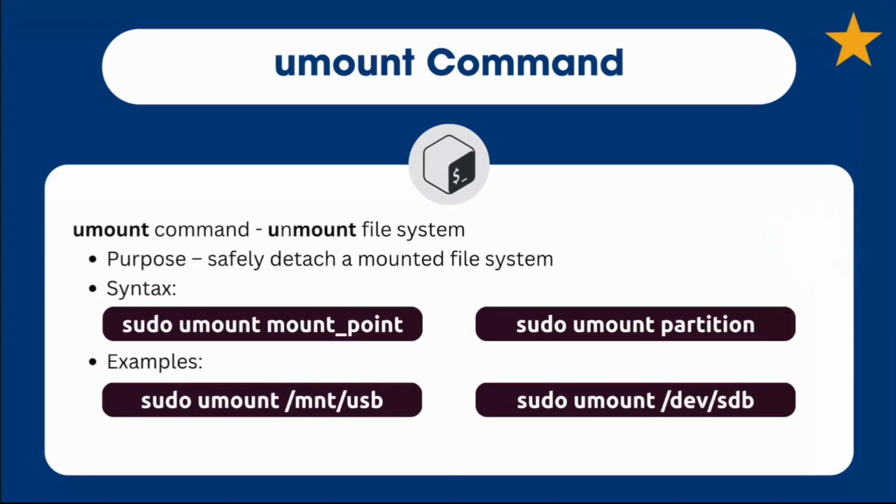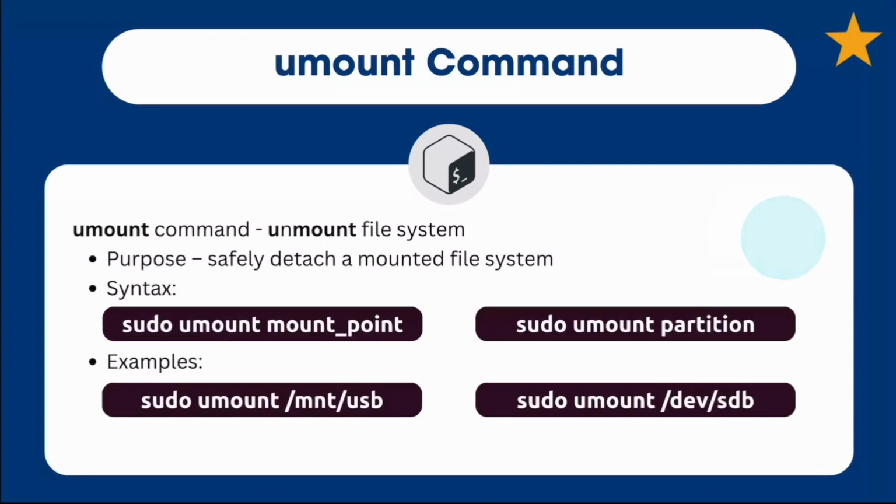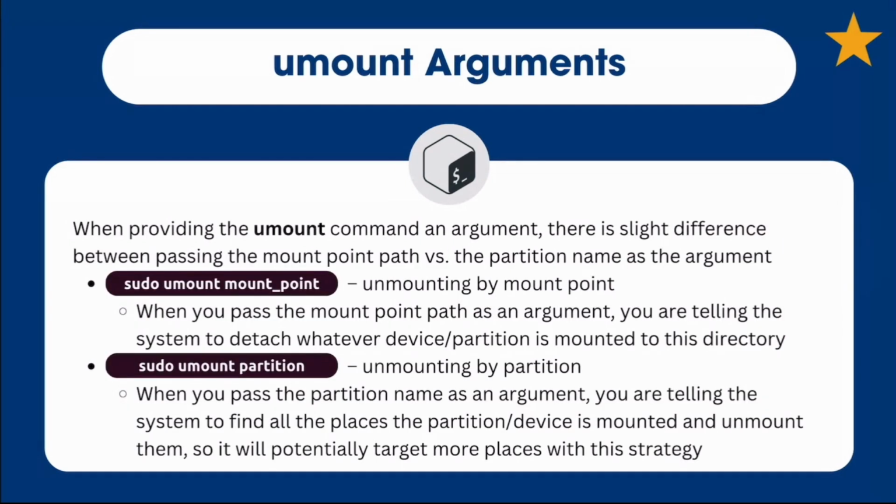We also have the unmount command, which is umount. A little bit shorter than unmount. Same idea. You give it the command with sudo in front and then a mount point. You don't need to specify the partition, because you can just give it the mount point, or you could give it the partition location. There's a slight difference between the two.